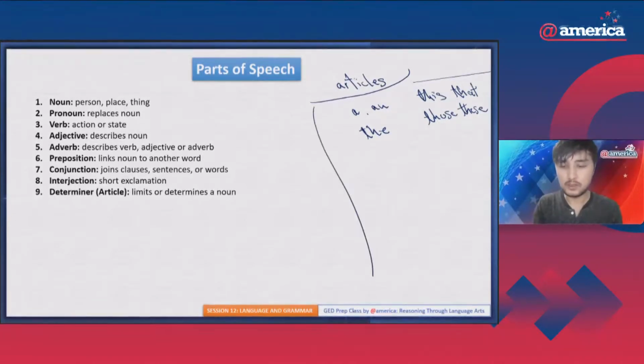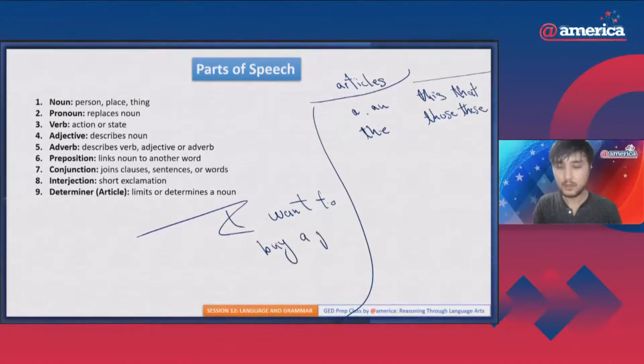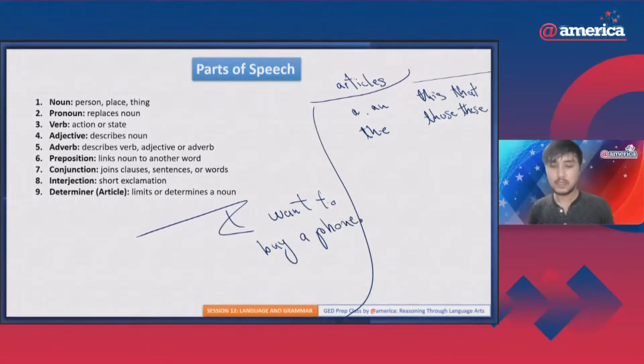For instance, you say, "I want to buy a phone." And here, phone is a noun that is talked about for the first time, and you don't know what type of phone you want.